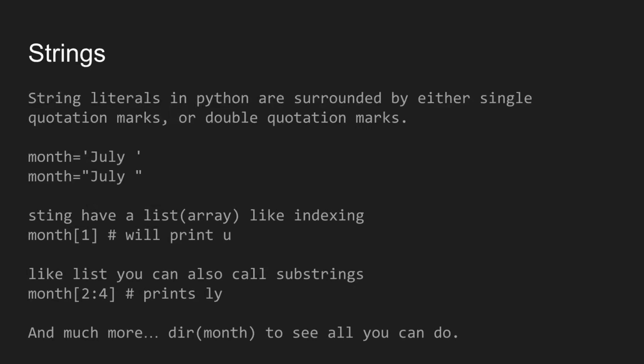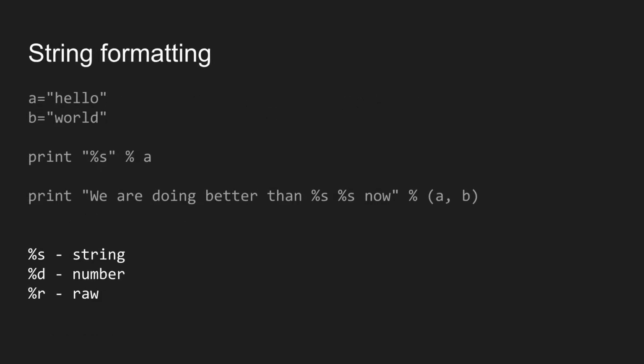So inside of the text, you see how we're saying print, we are doing better than %s. %s is a representation of a variable that you're going to fill at the end. That's called string formatting. It just calls that variable and prints it inside of that string.